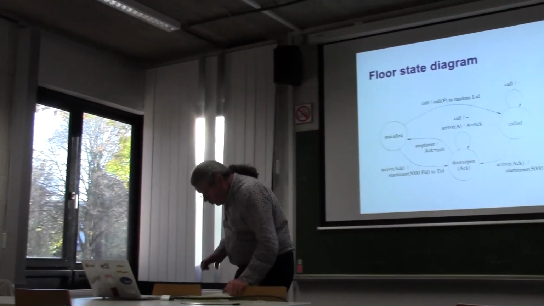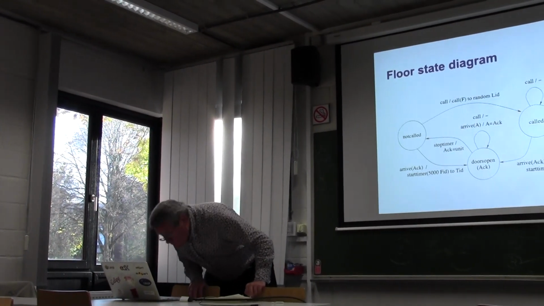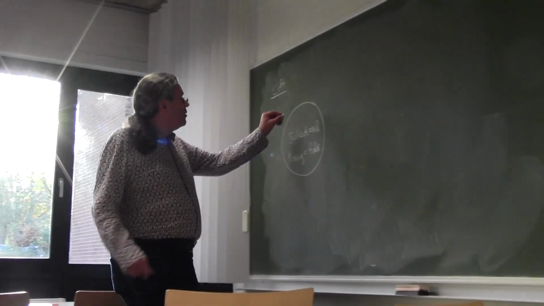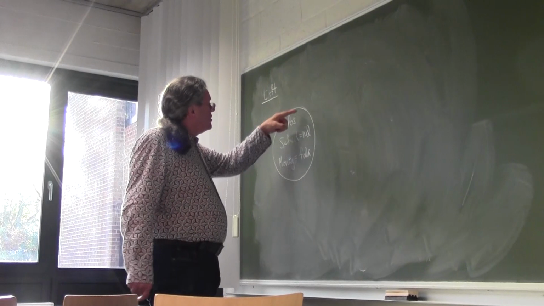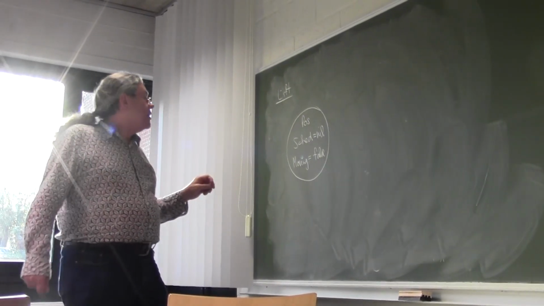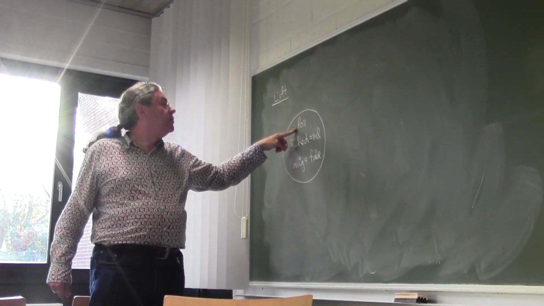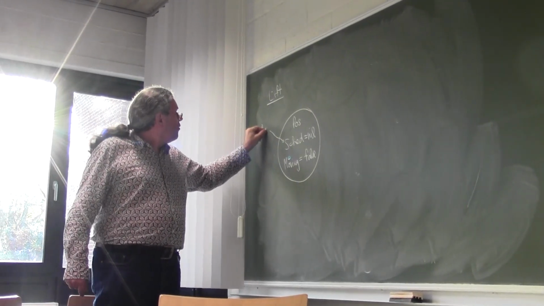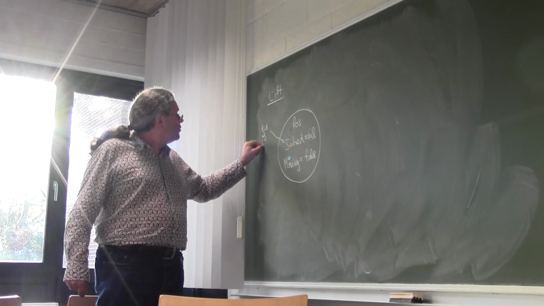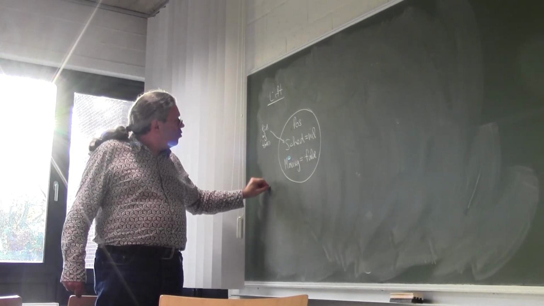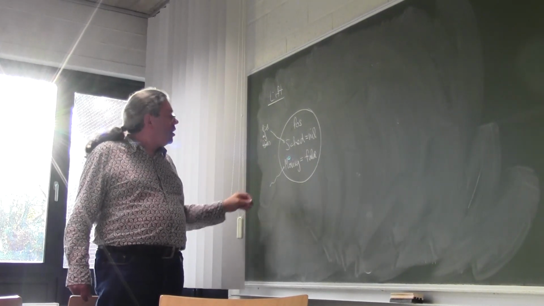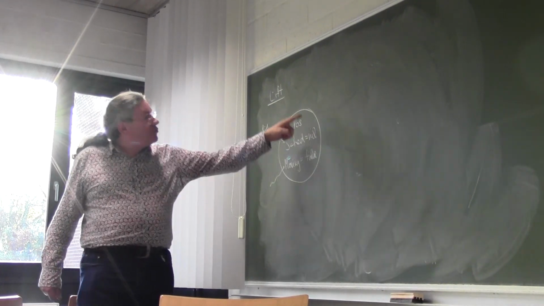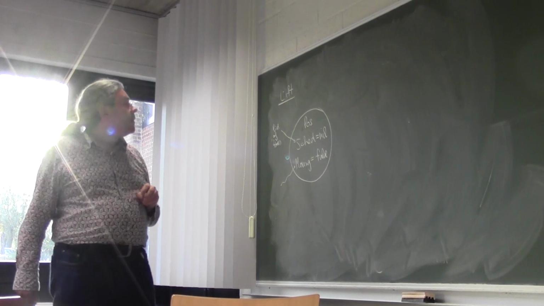Let me just make sure I'm not too inconsistent. And it's at a particular floor, position. So this is the lift when it's doing nothing. It's sitting at some floor. It has to go nowhere. So schedule will be a list of floors that it goes to, and moving will be whether it's moving or not. So an idle lift looks just like that.